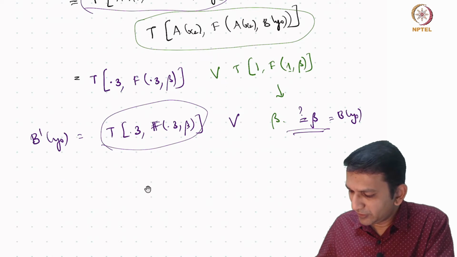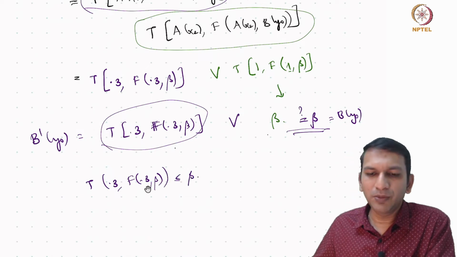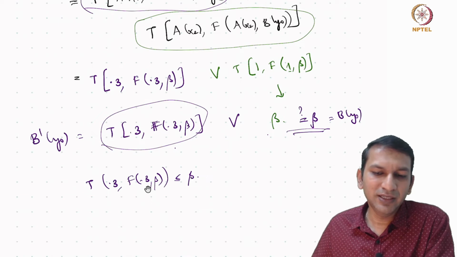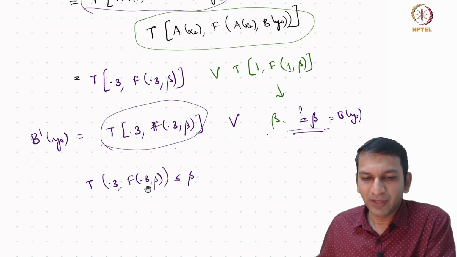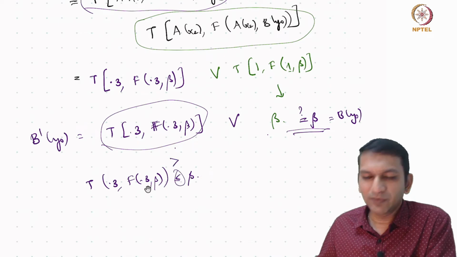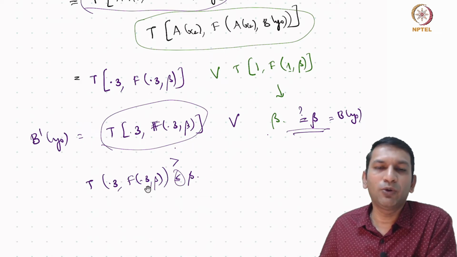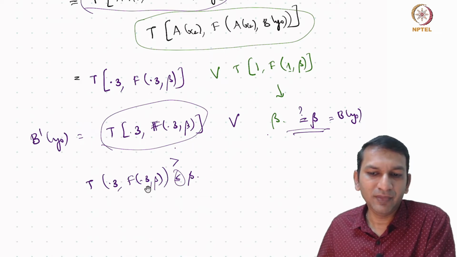That means we want that T of 0.3 comma f of 0.3 comma beta is less than or equal to beta. If it is less than or equal to beta, then the supremum of these two, which is max in this case, is actually beta, and we will obtain this. If this value were to be greater than beta, then it will no more be beta, the maximum will be this first component, which will be greater than beta, and we will not obtain interpolativity.